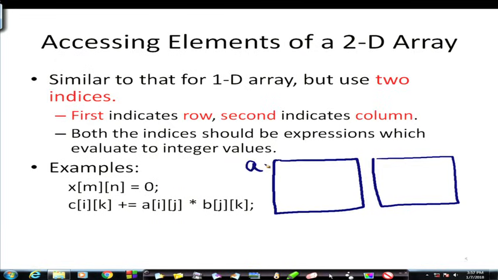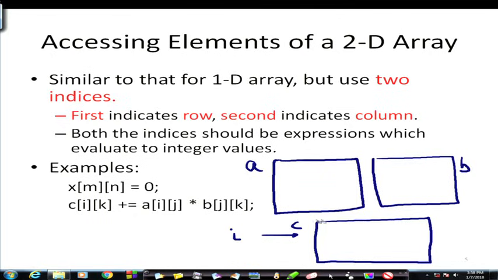This is A, this is B, and I have got another array C. Now, what is being done here? This means C[I][K]. So, this C is being designated by an index I, another index K. This one is referred by I and some J. This one by J and K.